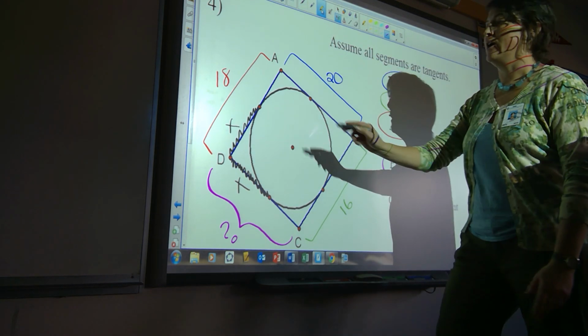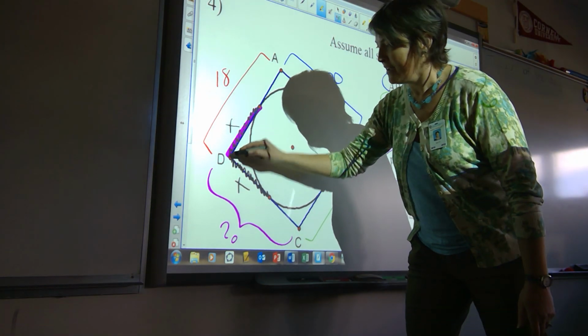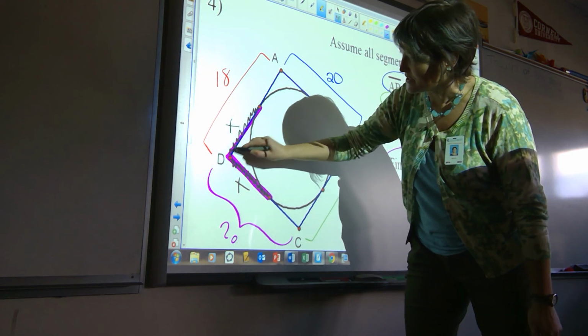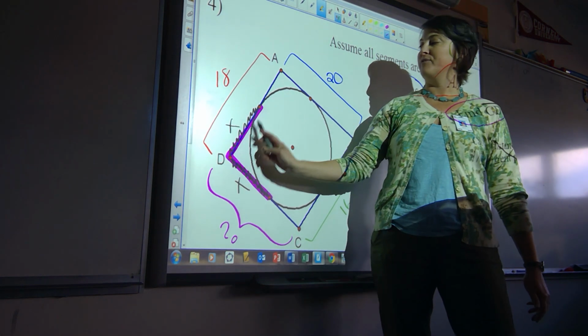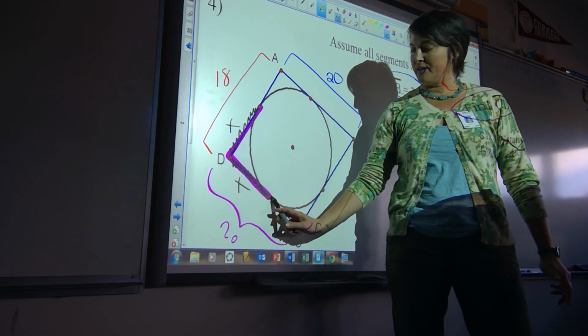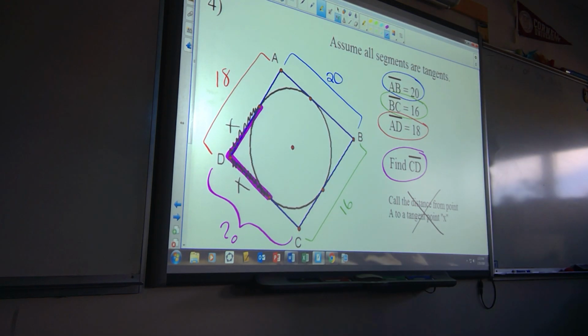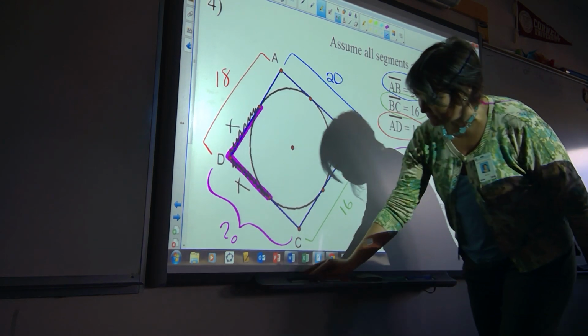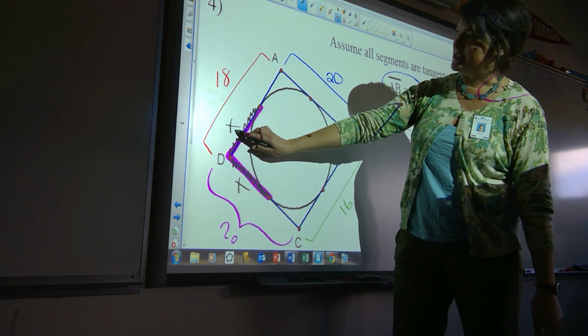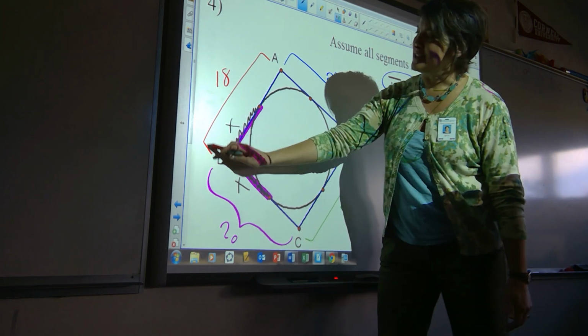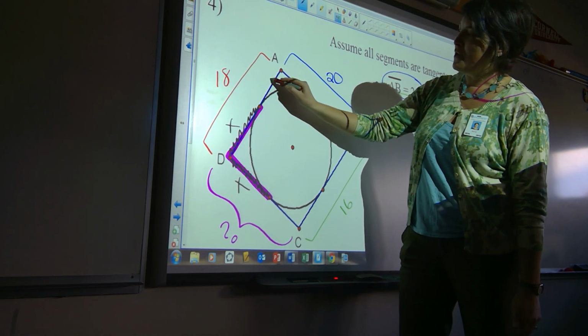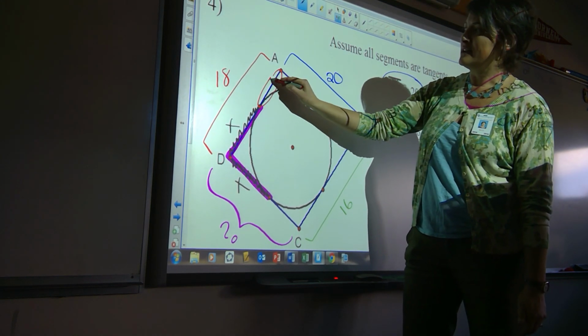Okay, hold on, let's go back. This is our theorem that we just learned. If you have a tangent and another tangent meeting at an outside point, they will be equal in length. All right, so if this is x, and I know that this entire thing is 18, do I know something about this?